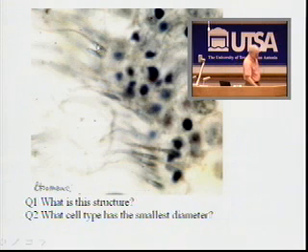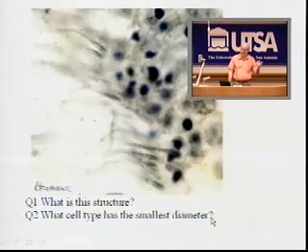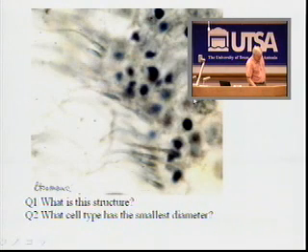So these are spermatids. So this structure is seminiferous tubule, the apical membrane, if you want to get really particular about it. And what cell type has the smallest diameter? Well, if you obviously recognize that this is the apical membrane of the seminiferous tubule, then it'd have to be the spermatids that are the cells of the smallest diameter. Because here's the nucleus of the other cell that we can see, probably a primary spermatocyte somehow nearby up there.